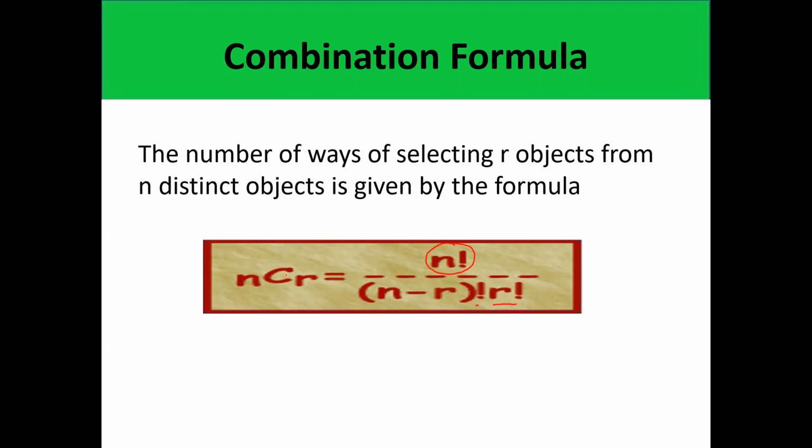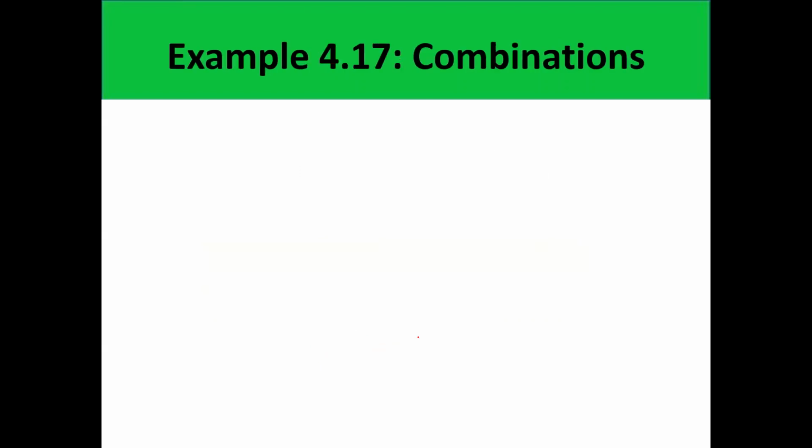You can actually get this from your calculators. If you want to compute 5 combination 3, you just type in 5, press the function NCR, followed by 3, and then the equal sign. So let's have examples.